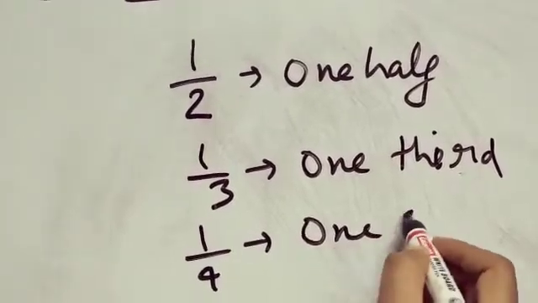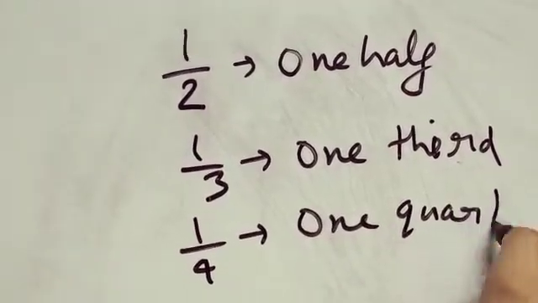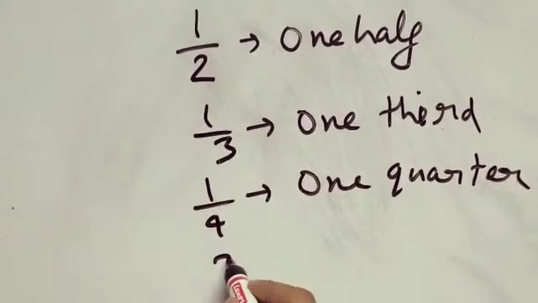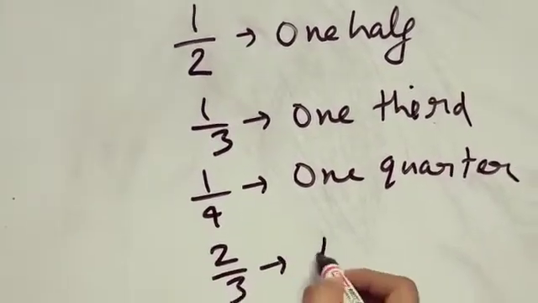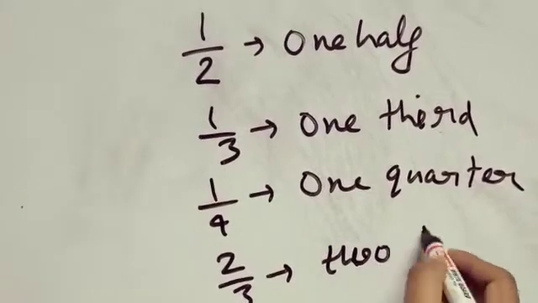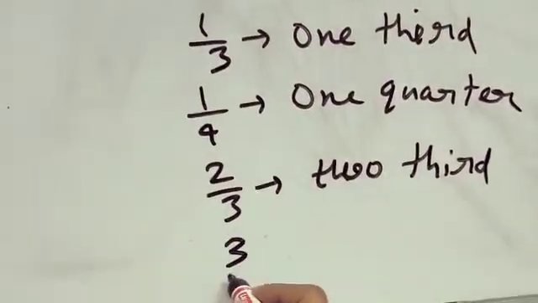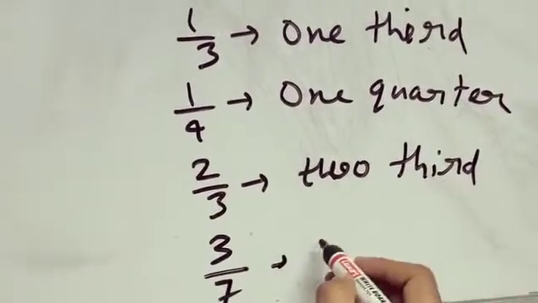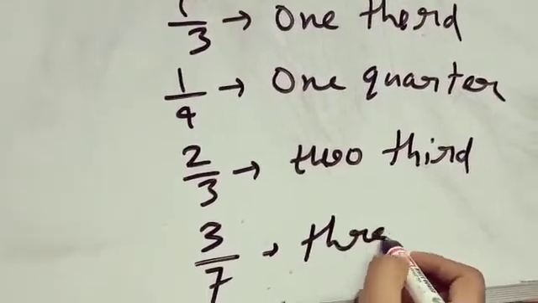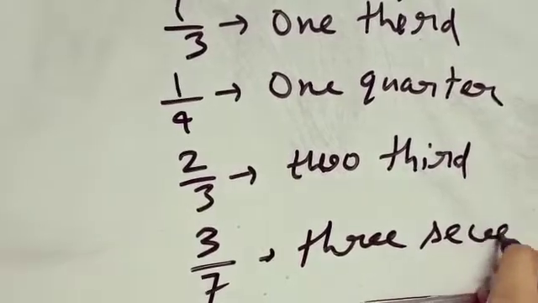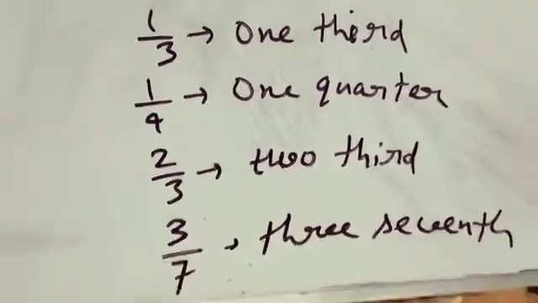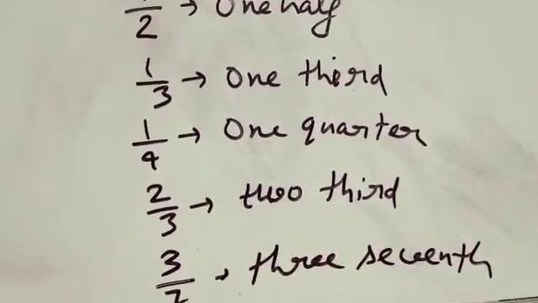This is called 1/4. 2 by 3. This is called as 2/3. 3 by 7. This is called as 3/7. Clear? So these are some examples of fractional numbers.